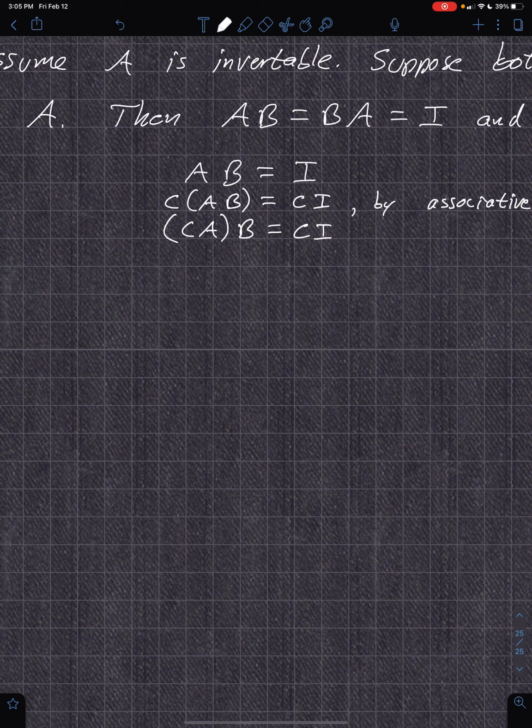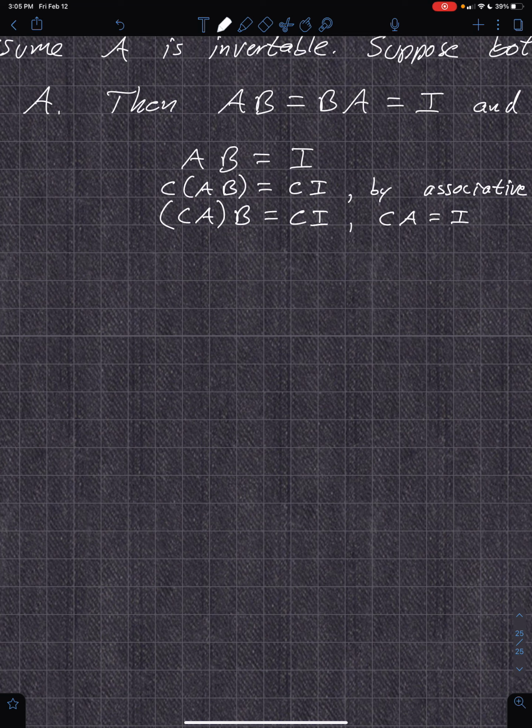The next step, we'll say C times A is I, because that is by our assumption. So C times A is I because of above. So this is just I times B, which is C times I, the identity matrix.